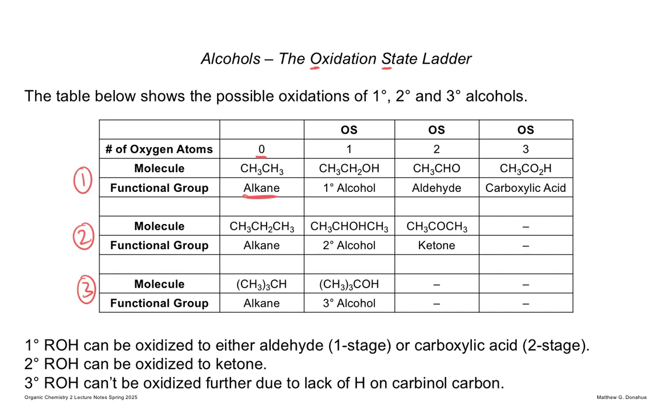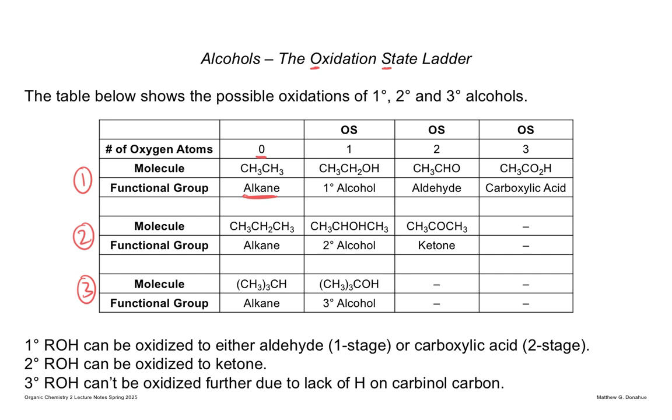If we go up to OS 1, as we see in this first case, that would be ethanol, a primary alcohol. That alcohol can be oxidized to an aldehyde. The clue is that if the alcohol is at the terminal position, it's going to form an aldehyde. And it can go up one more oxidation state to the acid. So you have to have a primary alcohol to go to an acid.